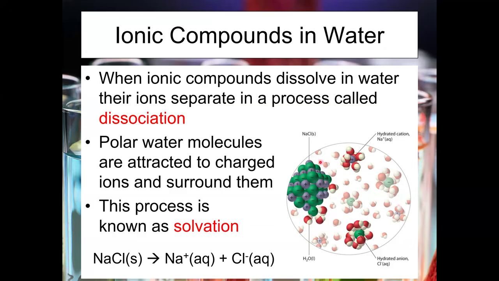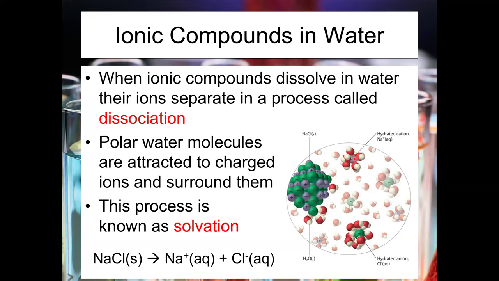Essentially, when we have a big ionic compound, we studied ionic compounds earlier in the year, and we saw that ionic compounds are made of these big crystals made of repeating negative and positive ions. The polar water molecules, which have a partial positive and a partial negative, with the oxygen being partial negative, the hydrogen being partial positive, are going to be attracted to those ions.